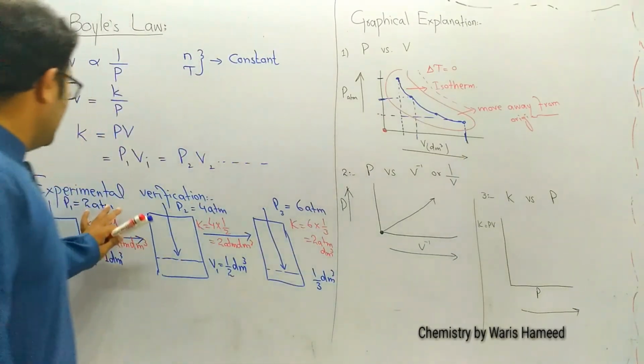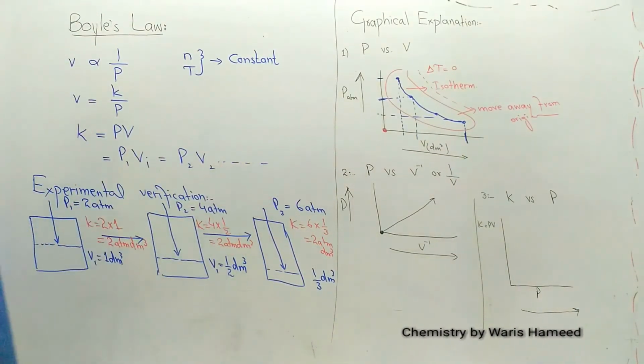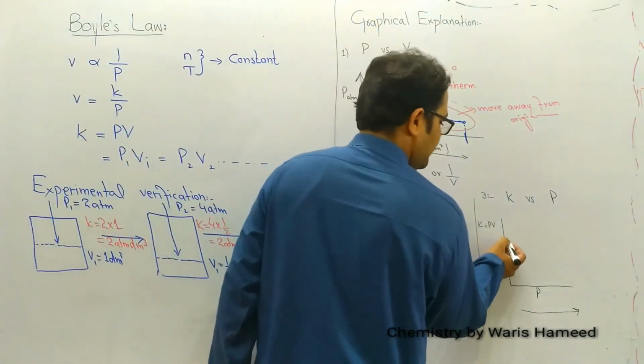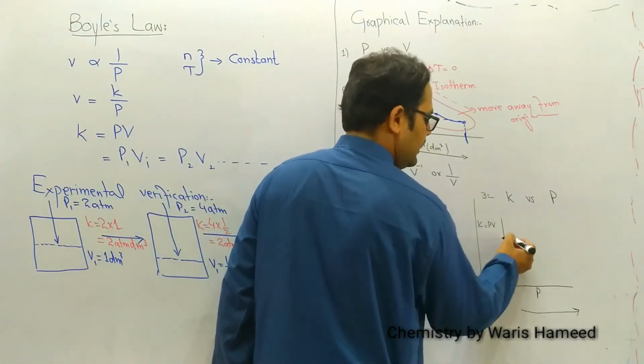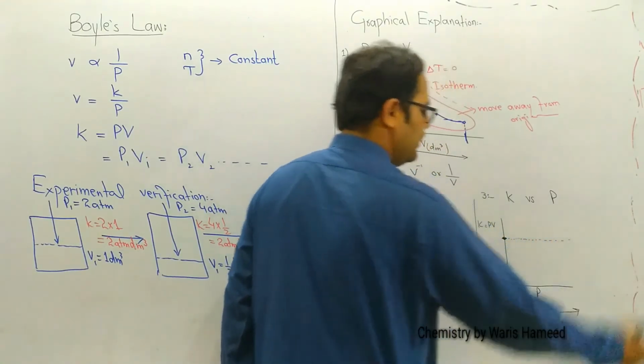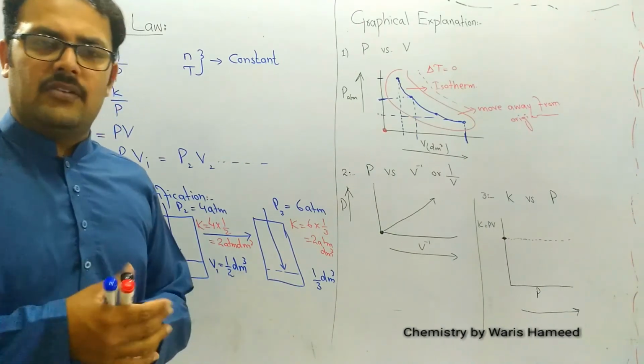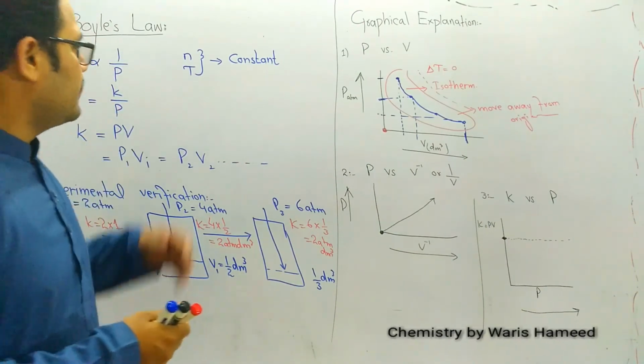We know that as pressure increases, the K constant will have the same value. If it has a value on this line, then we will obtain a straight line as we increase the pressure. There will be no effect on the K constant.